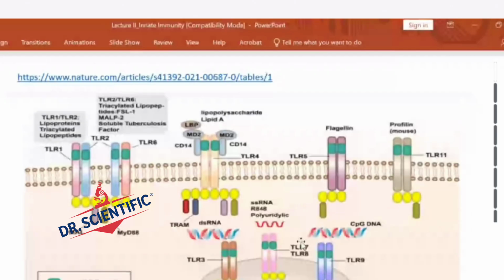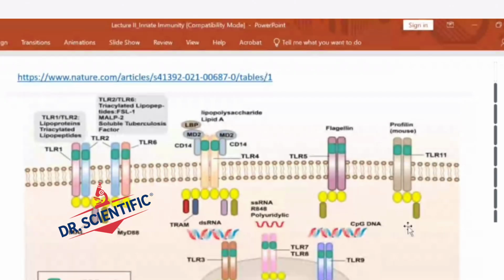Where is 6? 6 is here together with the 2. 7 is here. 8 is here together with 7. 9, where is 10? Has anyone seen 10? There is no 10.